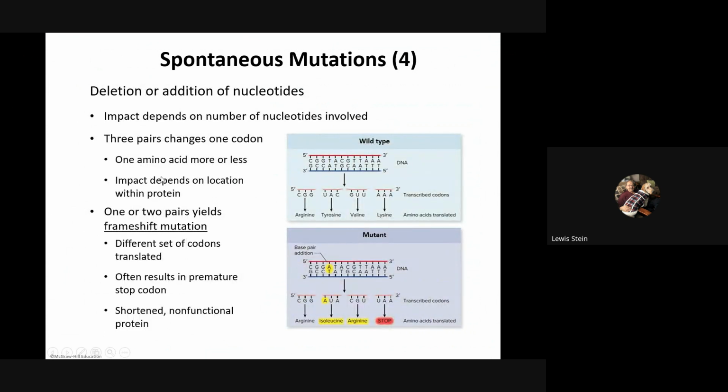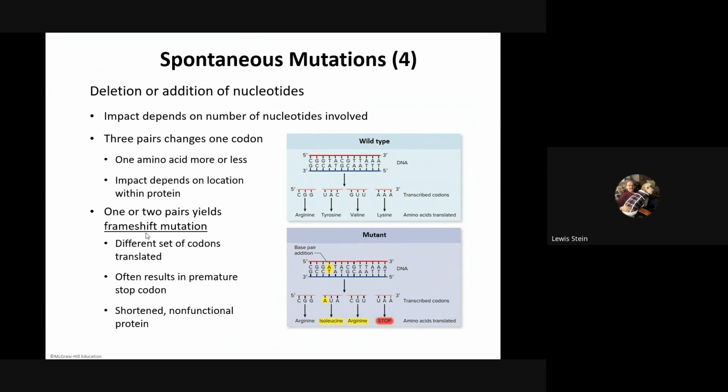So there are other ways that it can change as well. Remember, it's 3-letter patterns. So the worst ones are called frame shift mutations. Effectively, you can either add a letter or delete a letter.